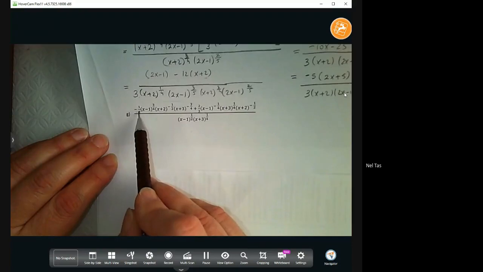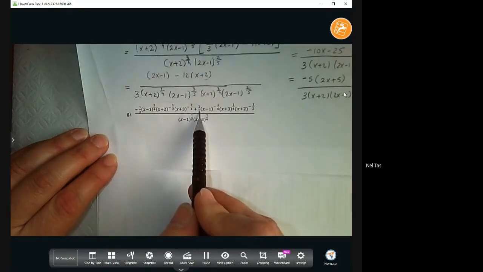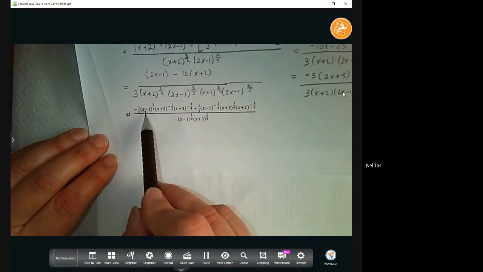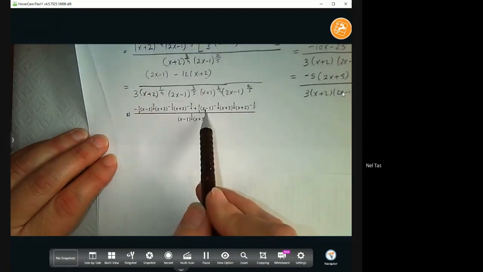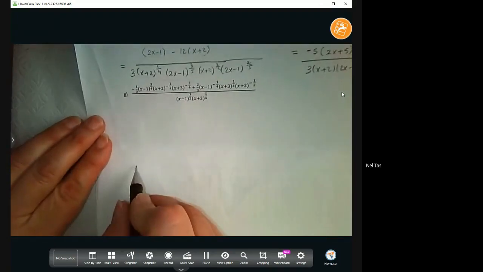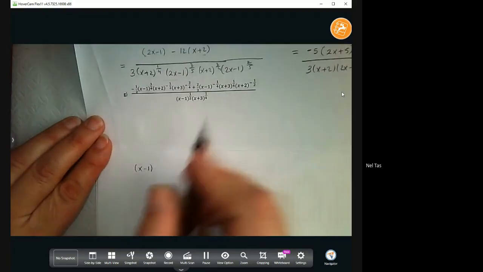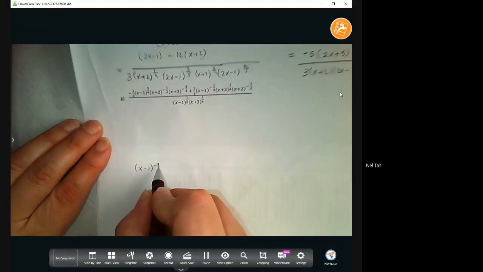One is negative 1 over 2, the other one is 2 over 3. So nothing is common. Let's look at other factors. x minus 1 to the power of 3 over 4, x minus 1 to the power of negative 1 over 4. So the common factor is going to be x minus 1 to the power of the smaller exponent, negative 1 over 4.